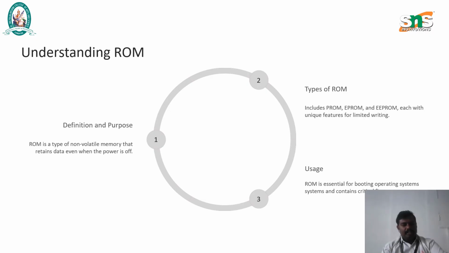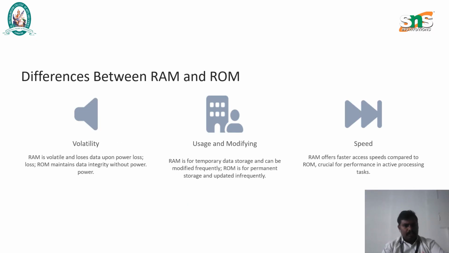And EEPROM is electrically erasable and reprogrammable, faster, and reusable about 10,000 times. The differences between RAM and ROM are in volatility, usage, modification, and speed. There are more differences between RAM and ROM.